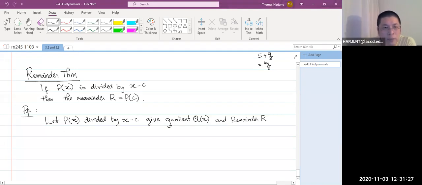So basically P(x) divided by x minus c gives us this quotient with remainder r.